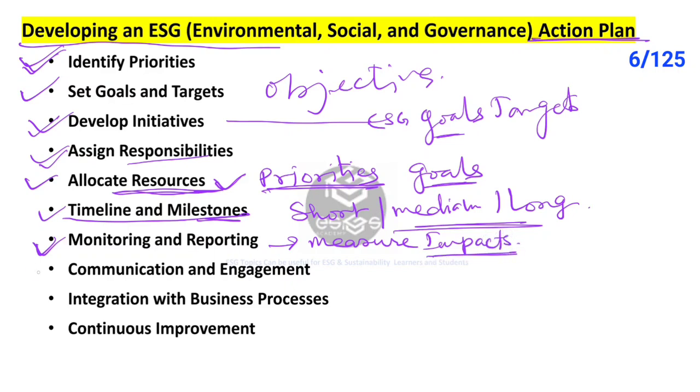The next is communication and engagement. In the communication and engagement, we communicate the ESG action plan and progress to the internal and external stakeholders transparently and regularly, engaging with the stakeholders to gather feedback, address concerns, and build support for ESG initiatives.